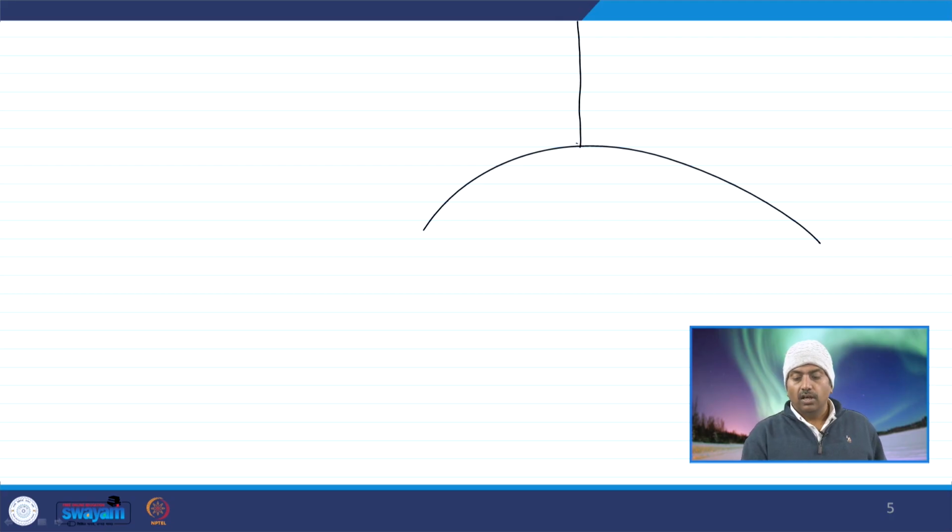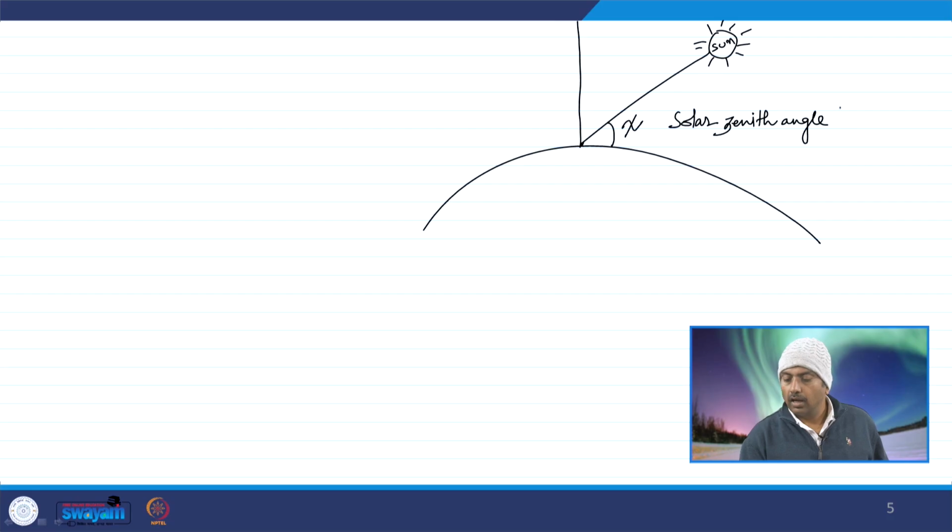So, this is the normal direction. If you consider this to be the position of the sun, okay, this is the sun. So, the radiation at this point is falling at this angle. So, this angle is chi, or this is also called the solar zenith angle, usually denoted with chi.